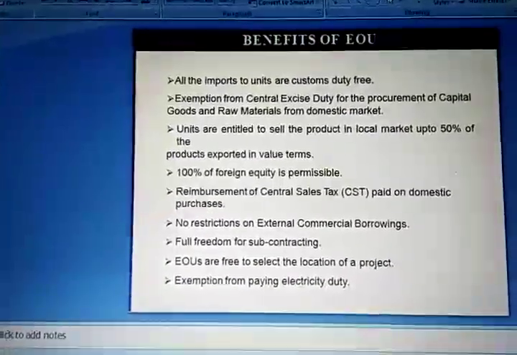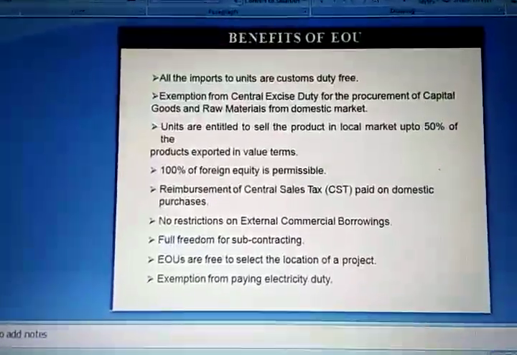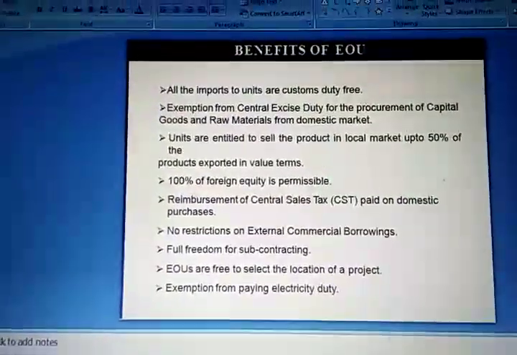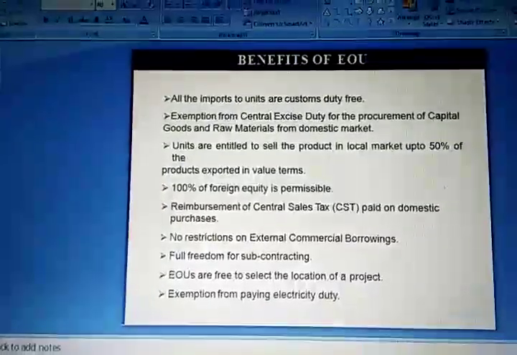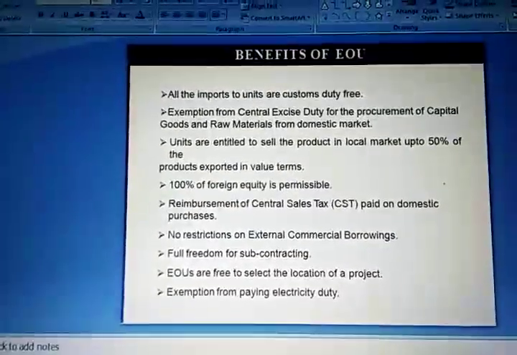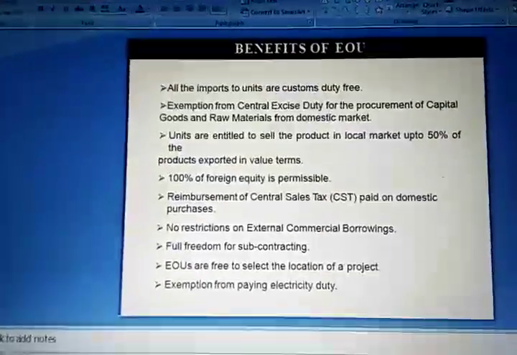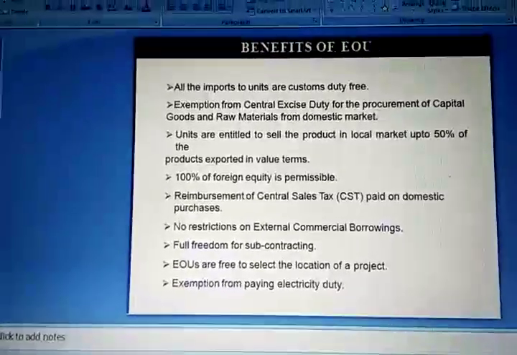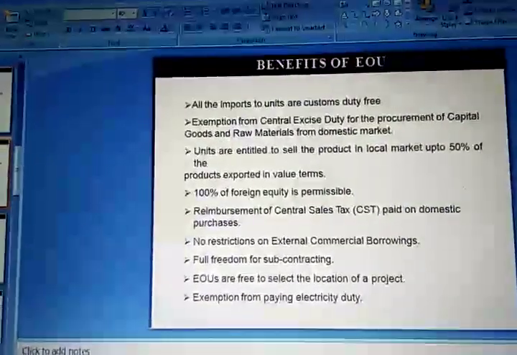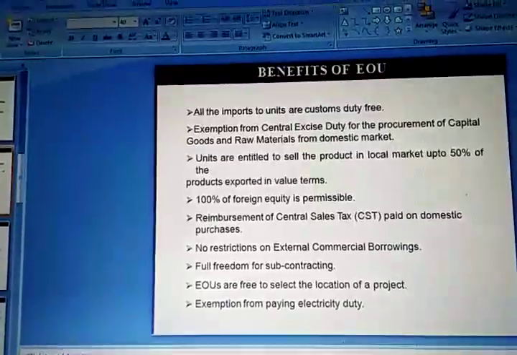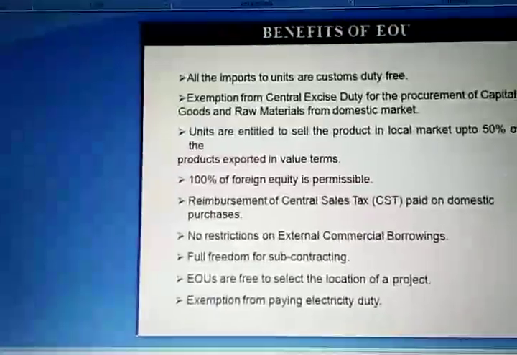Then we go to the benefits of EOU. A lot of benefits are available for EOU, and some of them are given here. The first one is that all imports to units are customs duty free.